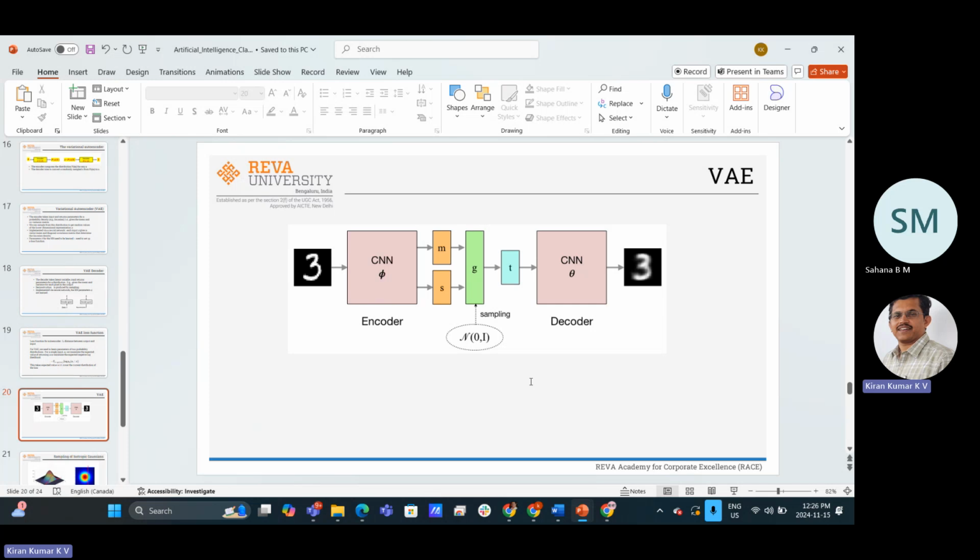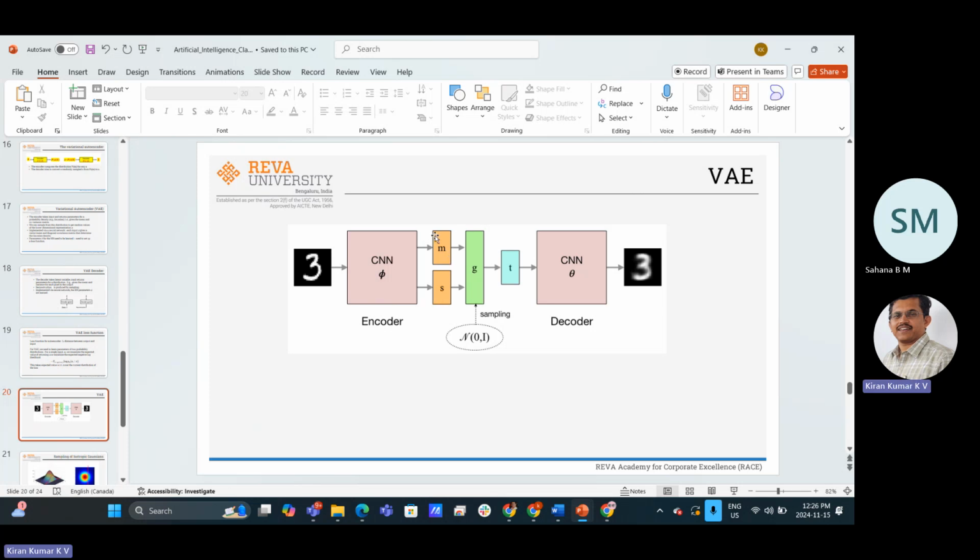Okay, I'll explain it graphically only. You can see it. So here, a 3 is taken. We cannot take a dense network here. We have to go for a CNN. Okay. There will be layers of the CNN network. Similarly, the same set of convolution network in the reverse way is in the decoder also. Okay. So what's happening in the middle? That's important. What is M and S? M stands for mean, S stands for standard deviation.